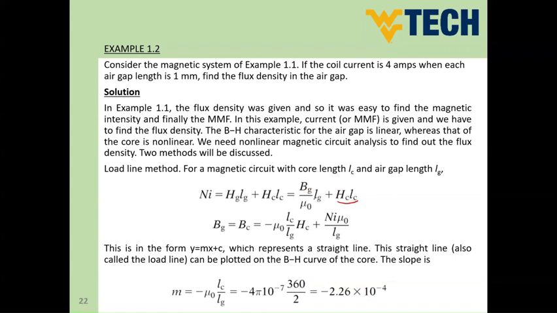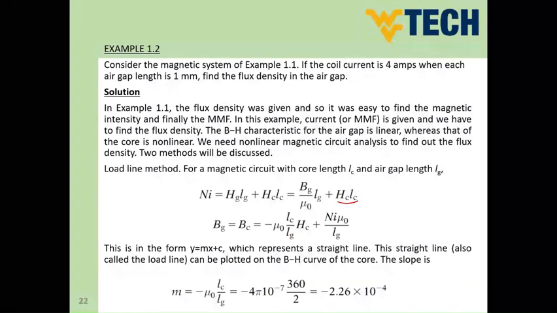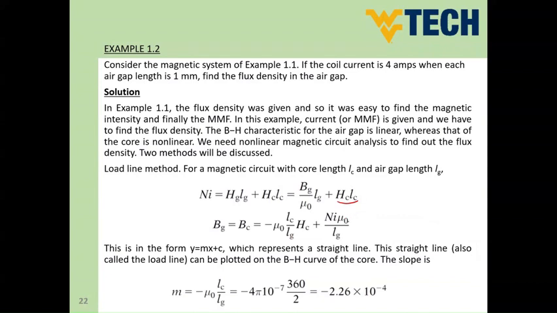Then you can multiply by mu naught and divide by Lg. So in this case, you will find that B in the air gap or in the core equals minus mu naught times Lc divided by Lg times H core, plus N times I times mu naught divided by Lg. This is the value that we need.